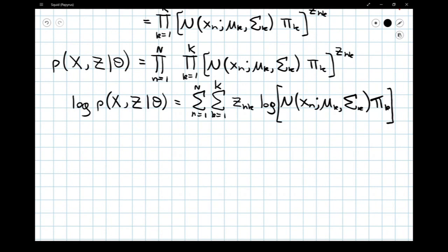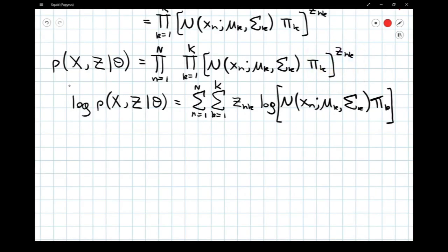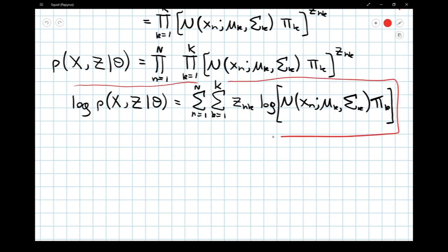Okay. So now we have an expression for this log probability of x and z.